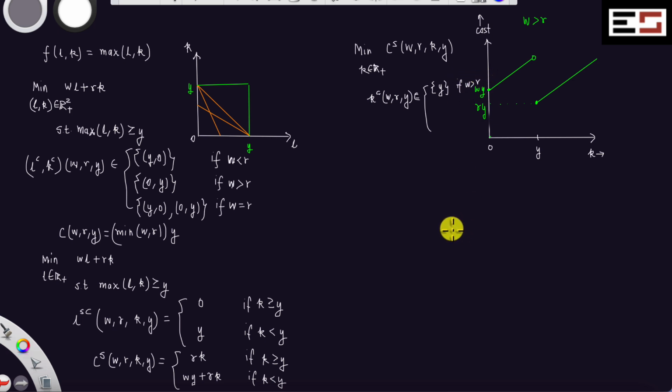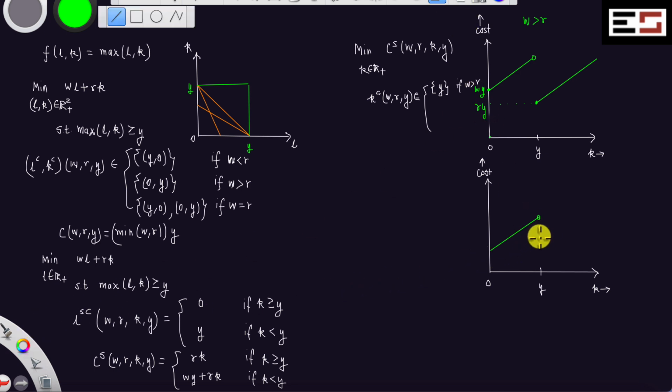Okay, and if we just do this problem quickly again for the case when w is less than r, okay, this is the case when w is less than r.